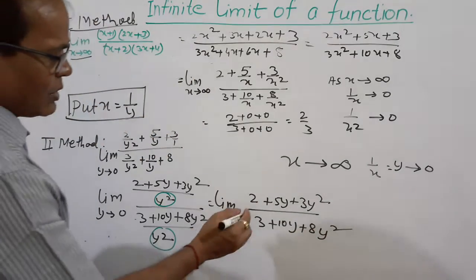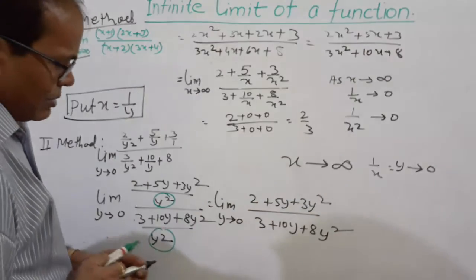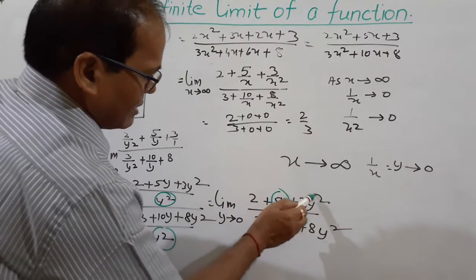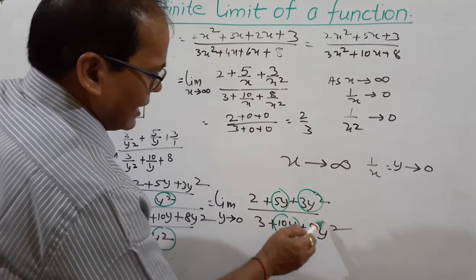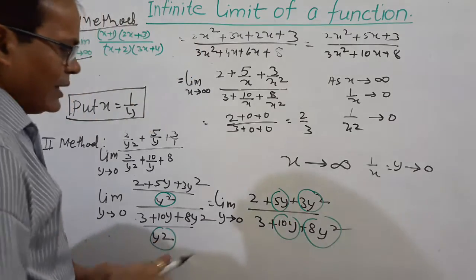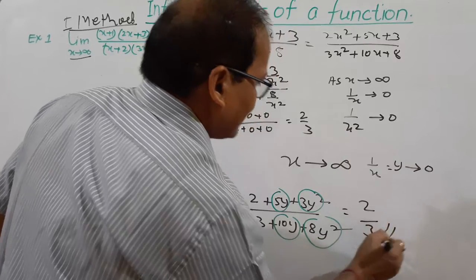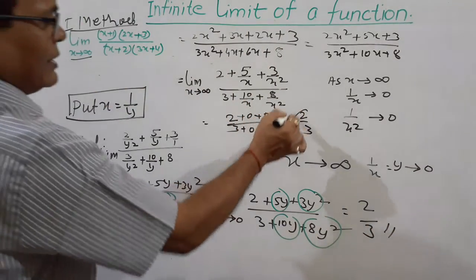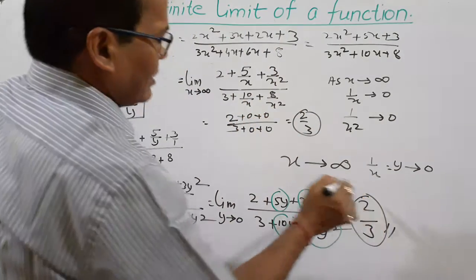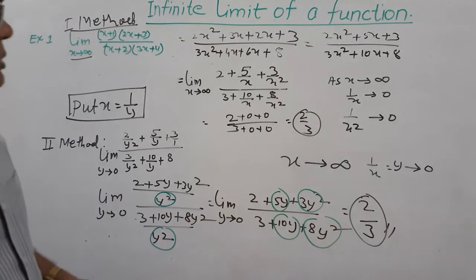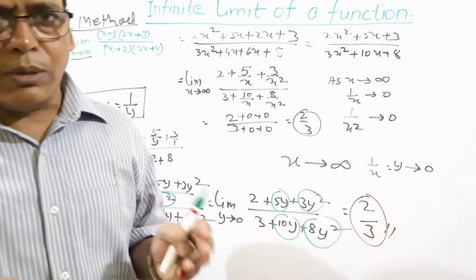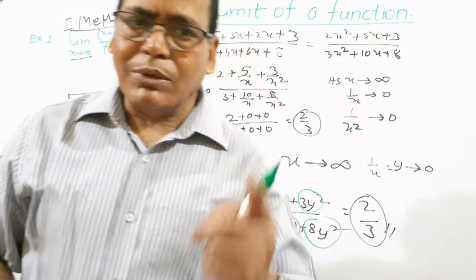Y is tending to 0, so all these terms will be 0. Finally you will get 2 by 3, which you get in both methods. Either way you can do it, whichever is convenient for you. Practice that one, so you will adopt one.